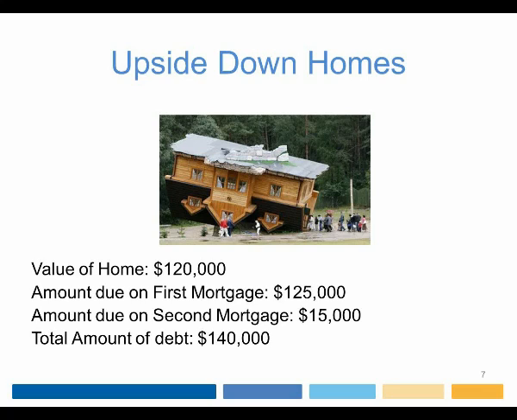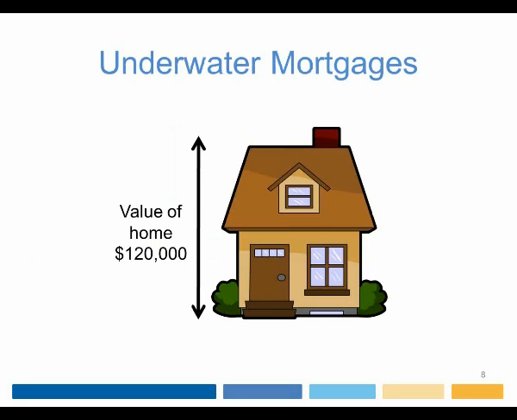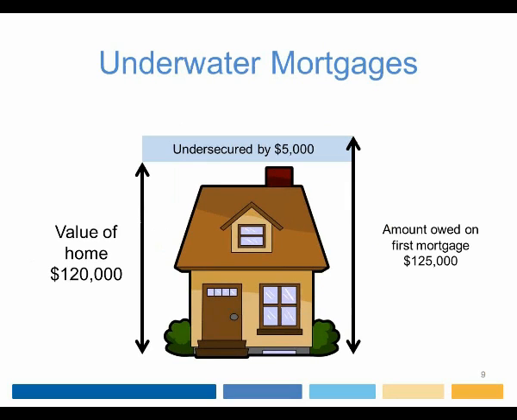So here's the illustration that will hopefully help you understand this. If you have a house that's worth $120,000, and the first mortgage on the property has a balance of $125,000, and there's a second mortgage with a $15,000 balance, the total amount of the debt is $140,000. And you can see in relation to the value of the home that this is an underwater property. And here you can see the illustration again.